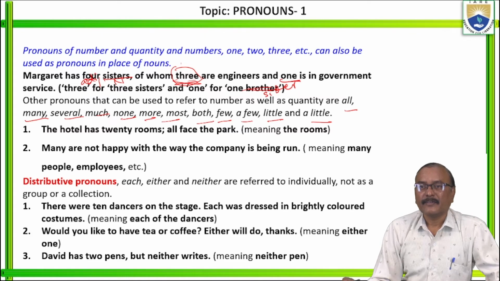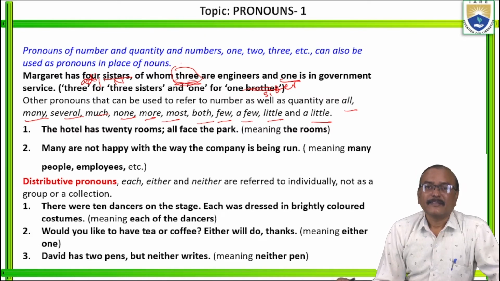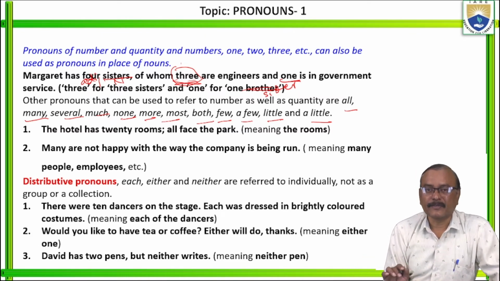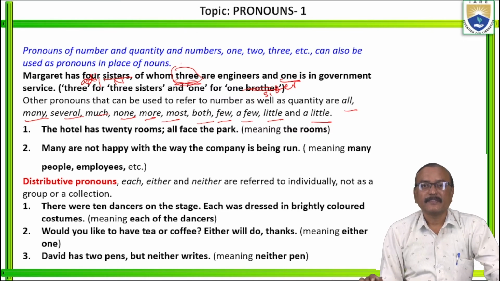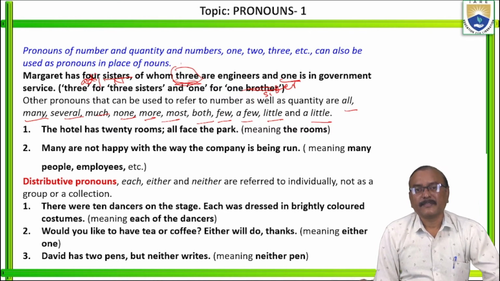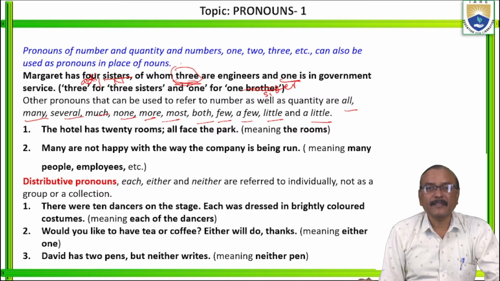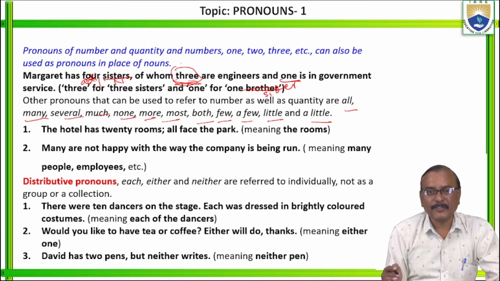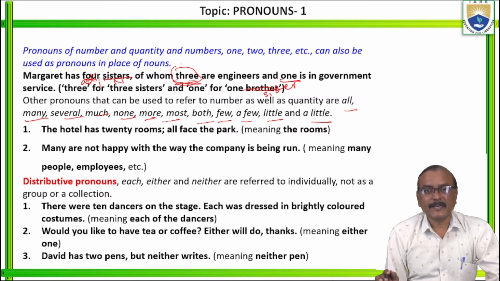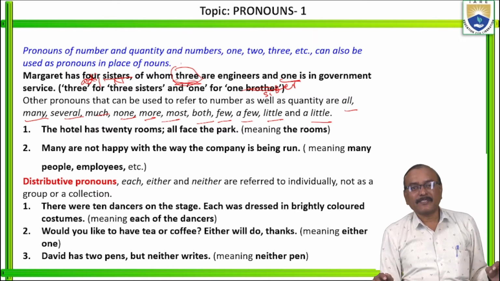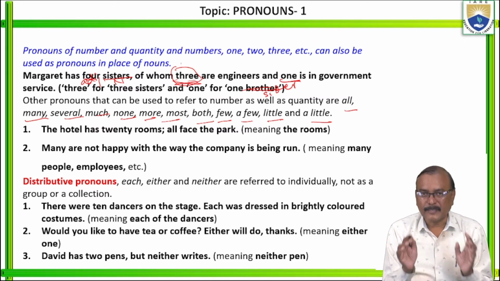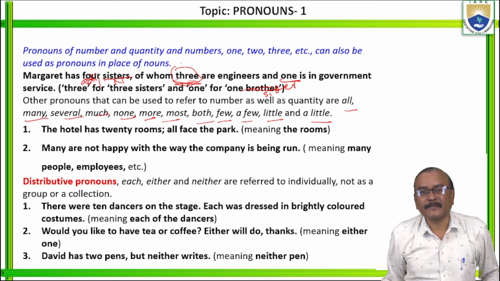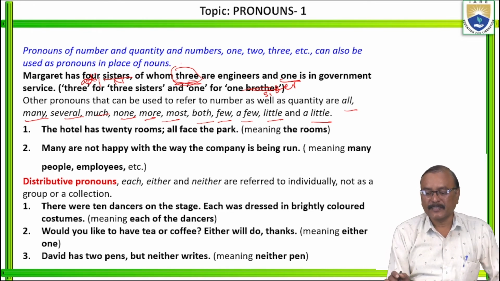Is it clear? When they are used instead of nouns, they are pronouns. If they are used before the nouns, they become adjectives. If they are used in the place of nouns, we can call them pronouns only.